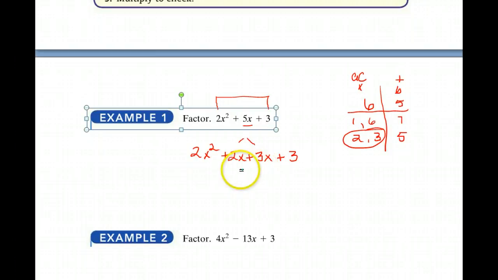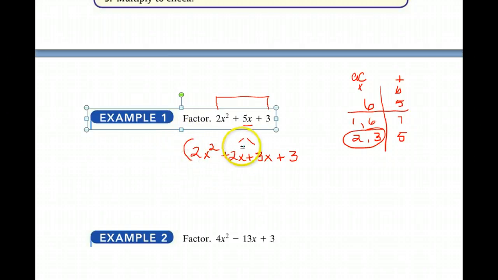You will now note that you have 4 terms instead of 3. The only thing that we have done so far is split the 5 into 2 terms that are still equivalent to 5 if we were to combine like terms and put them back together. Instead, though, we're going to factor by grouping.